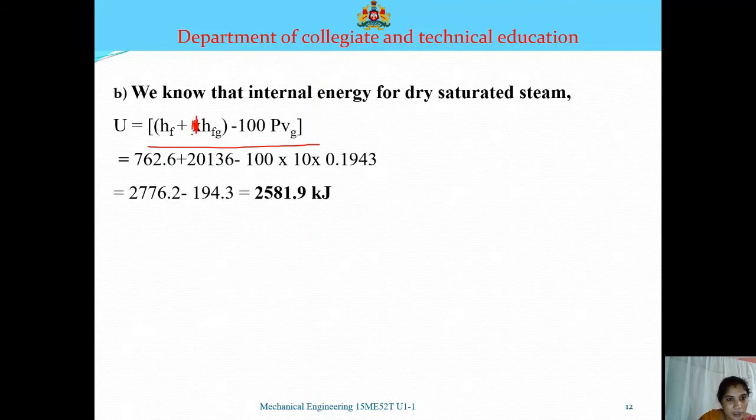It's a dry saturated steam, so it is hf plus hfg minus 100 into P into vg. So you substitute the values again. You make a separate bracket so that it will be easier for you to calculate. So you add these both terms, and the answer you will get is 2581.9 kilojoules per kg. This will be the answer.